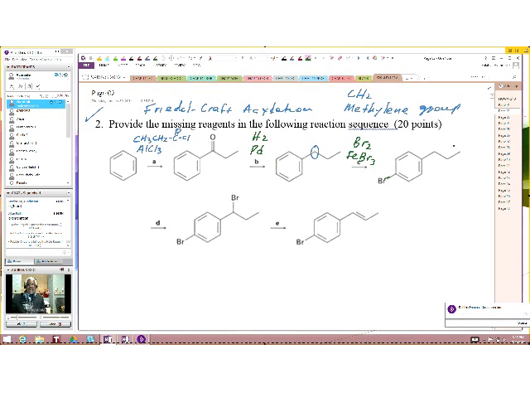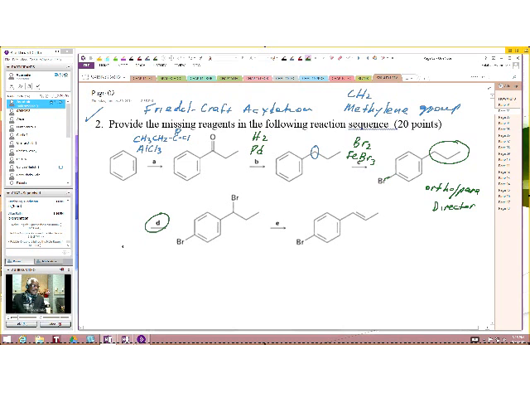And this alkyl group is an ortho-para director. In other words, it will direct an incoming group to either the para position or the ortho position. In this case, they are asking for the para product. Very good.